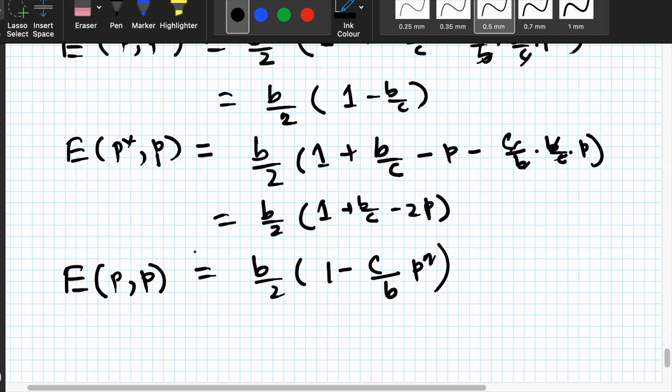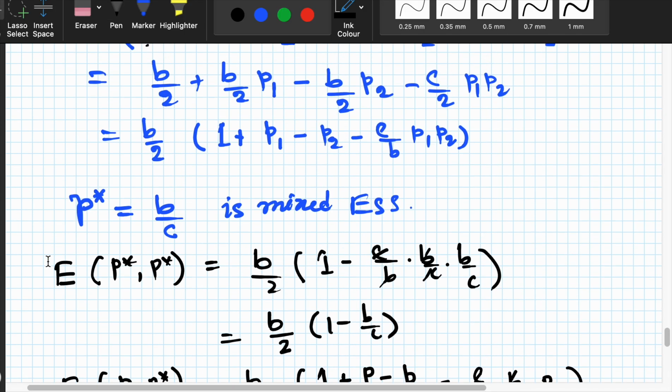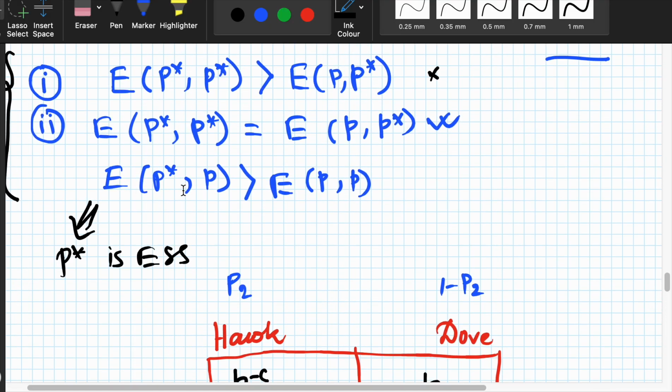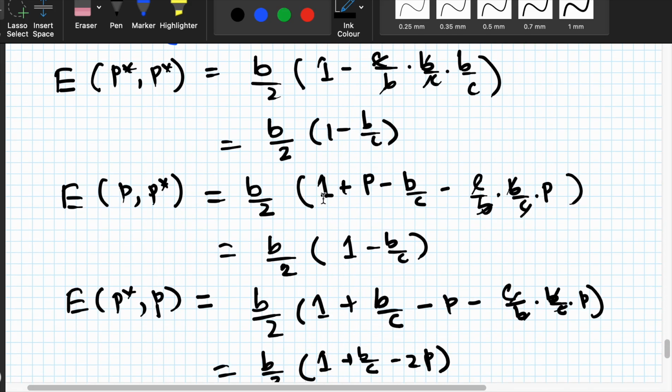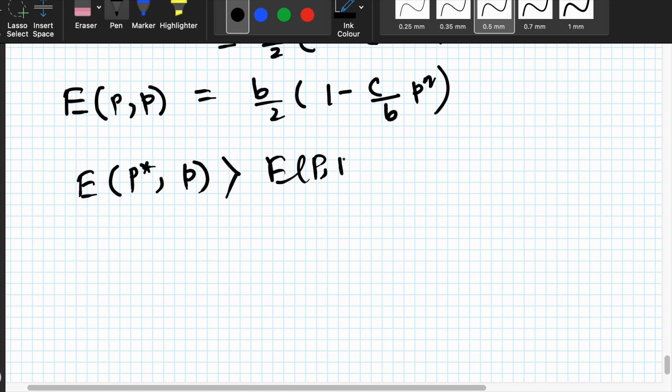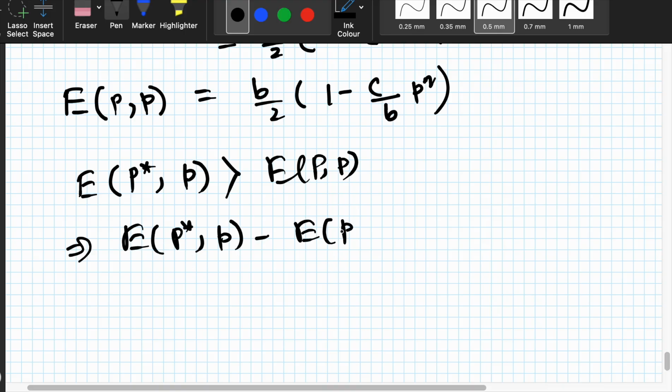Now since these two are equal, we have to check whether E(p star, p) is greater than E(p, p). So to check that, if E(p star, p) is greater than E(p, p), then E(p star, p) minus E(p, p) has to be greater than 0. So we'll check that.